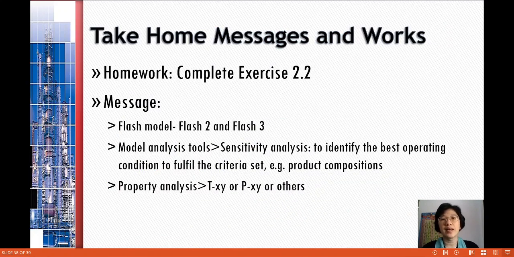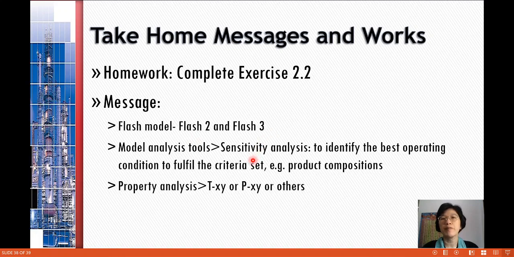So these are the take-home messages and also homework. As mentioned earlier, you have to complete exercise 2.2. With the completion of this session, you should be able to simulate the flash separation using the Flash2 and Flash3 models.